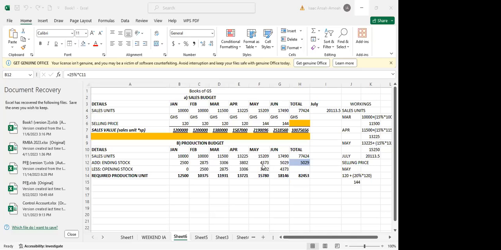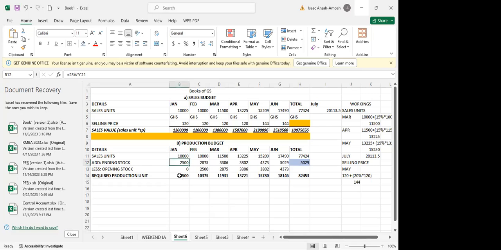So it doesn't show. But ending stock of May becomes the starting stock of June. That's why here is 4,373. And then the required production is obtained by adding our sales unit and ending stock, and then we less opening stock. That's how we generated the required unit.